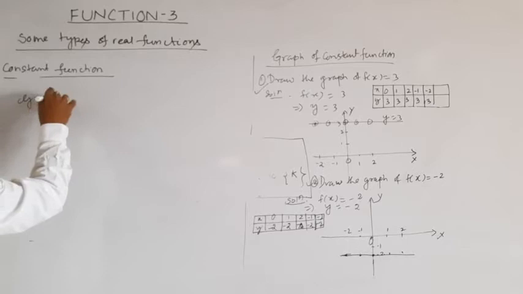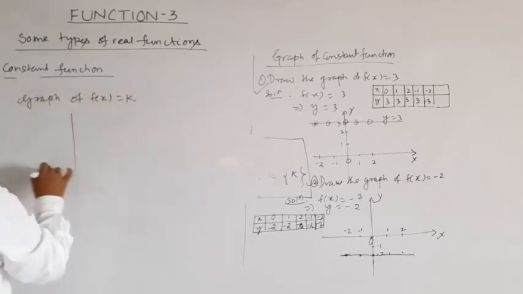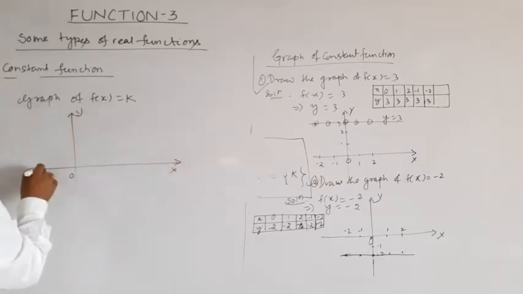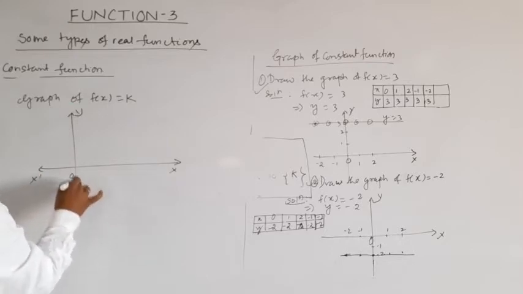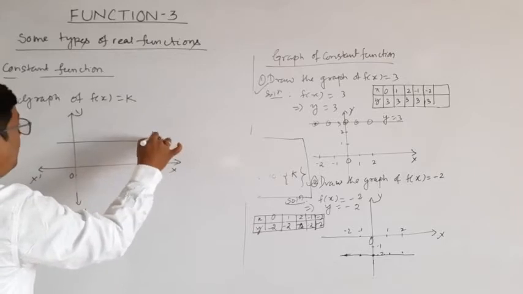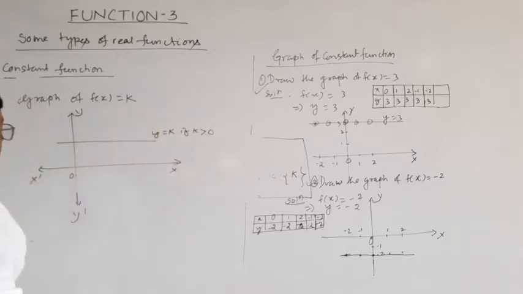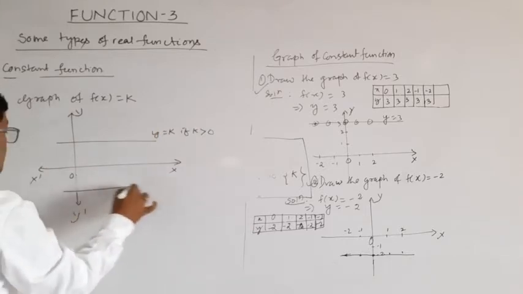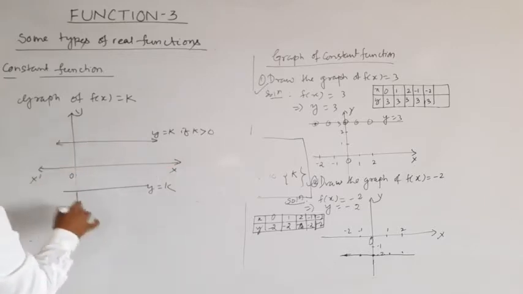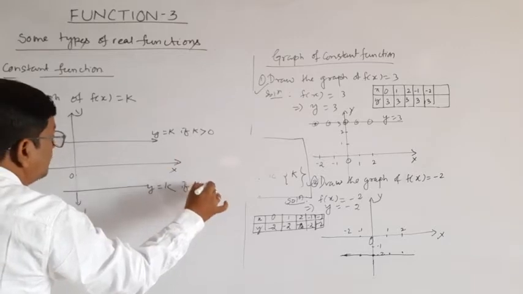Graph of f of x is equal to k: here x'ox, here y, and this is x dash and this is y dash. So this is the graph of y is equal to k if k is greater than 0.